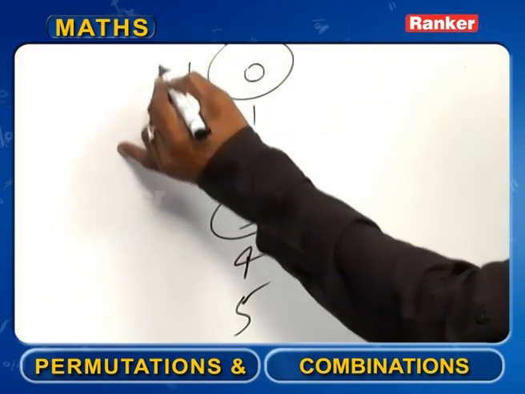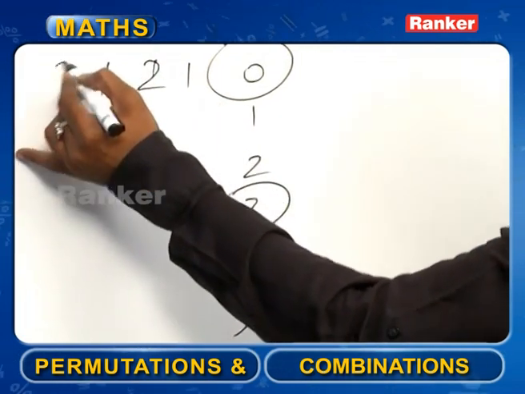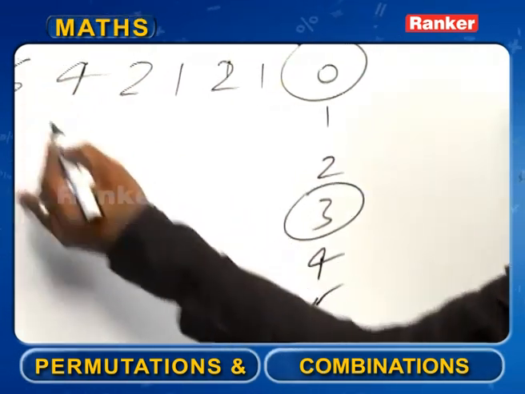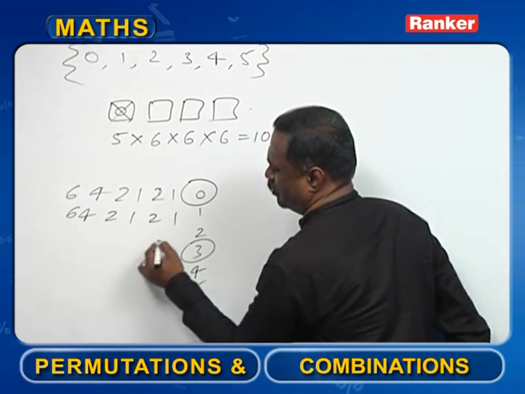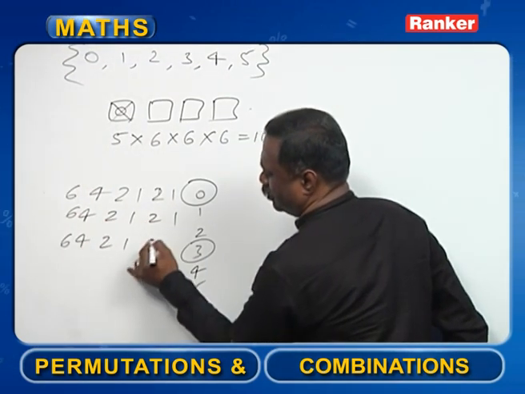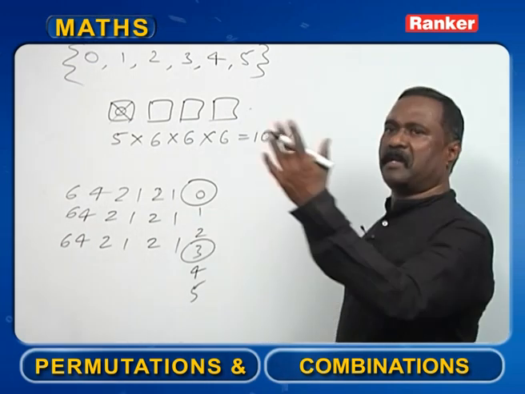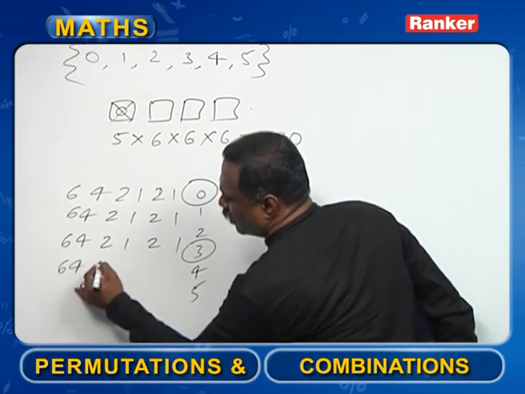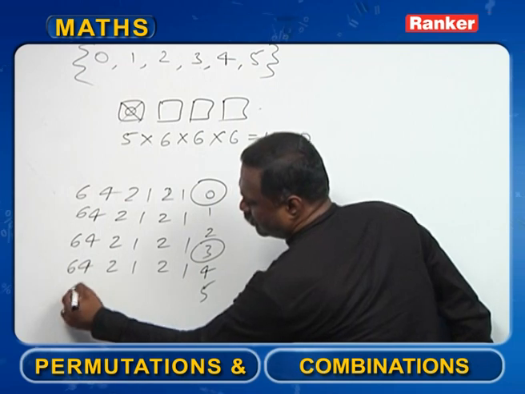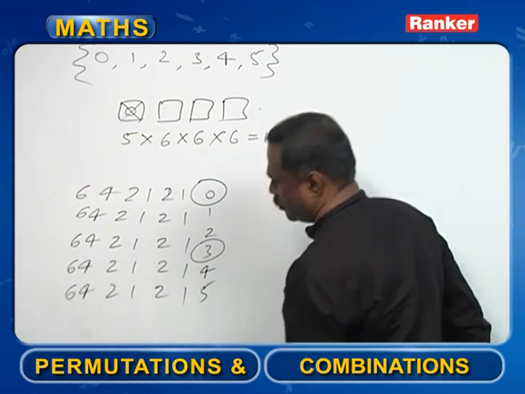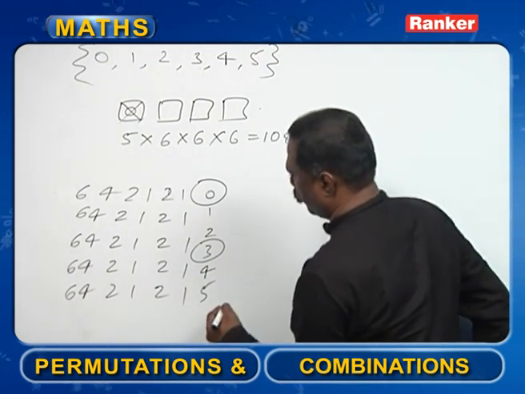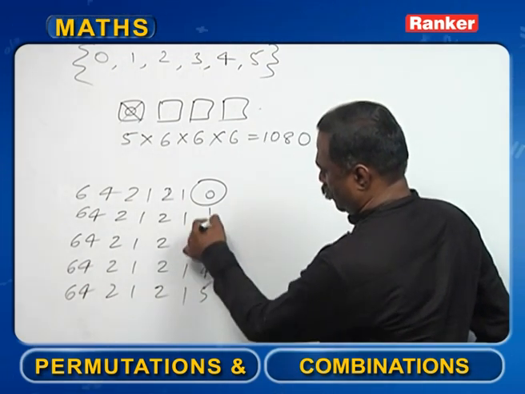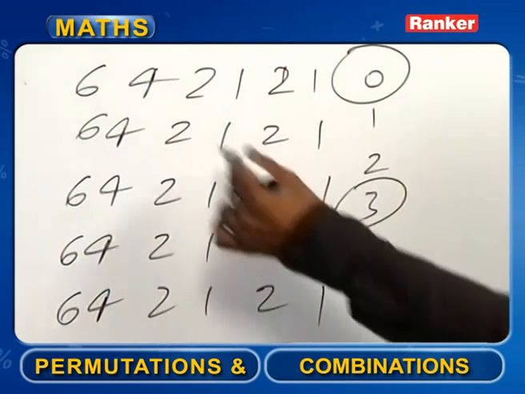Similarly, whatever the number you write, it should be consecutive. Whatever the bigger number you take, among this, how many are these? 0, 1, 2, 3, 4, 5.